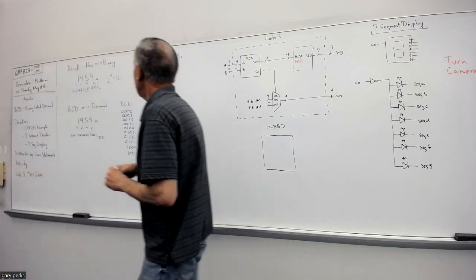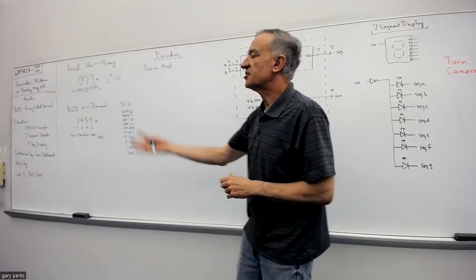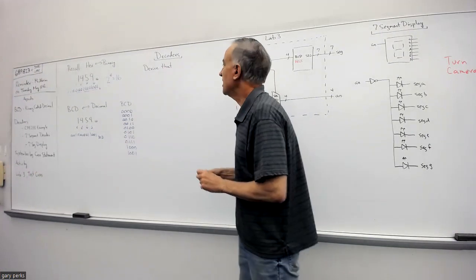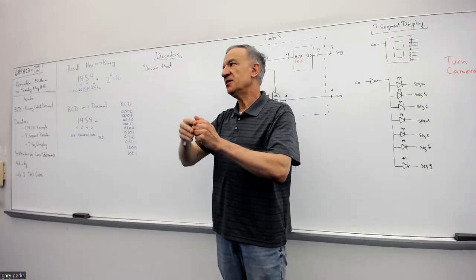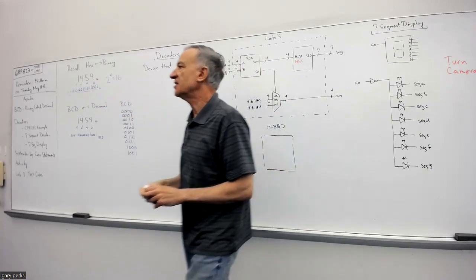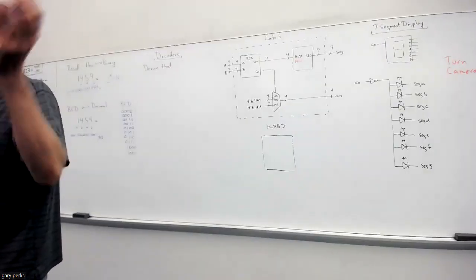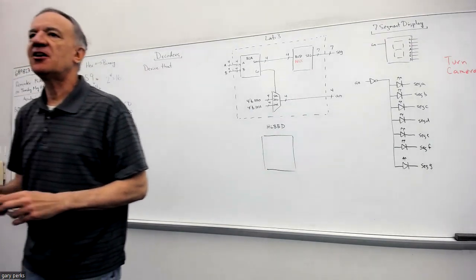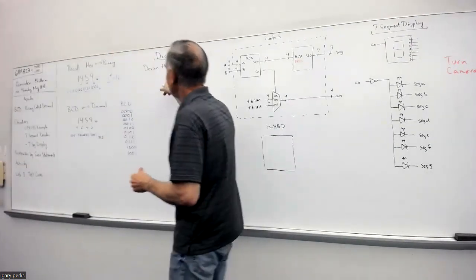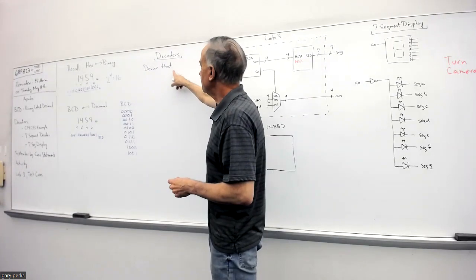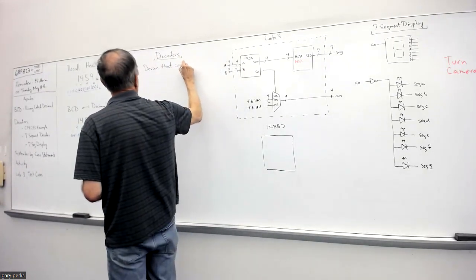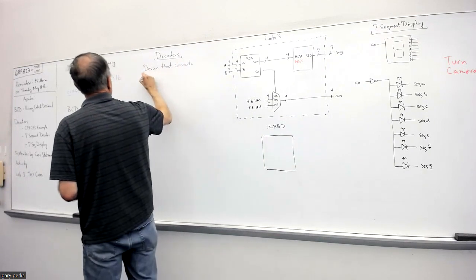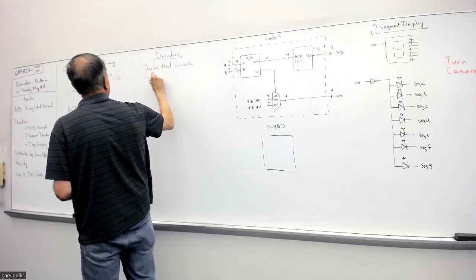Okay, so the next thing is to talk about decoders. The definition of decoders is very broad, and that's because just about anything in the digital world could be called a decoder. The definition of a decoder is that it's a device that converts digital signals from one form to another.